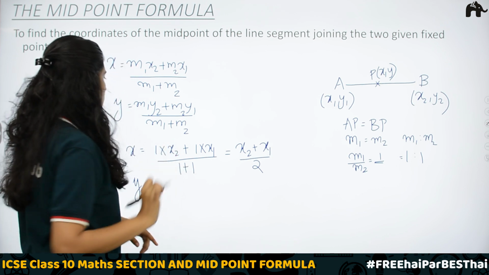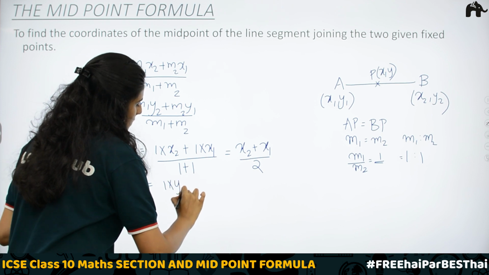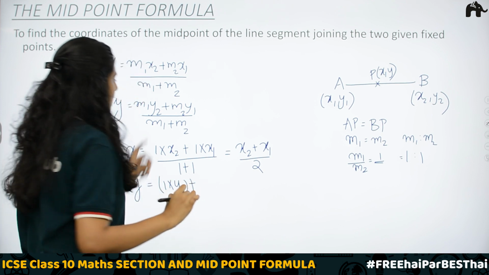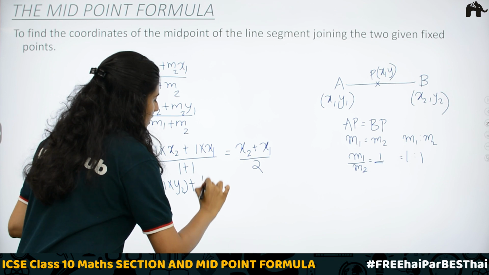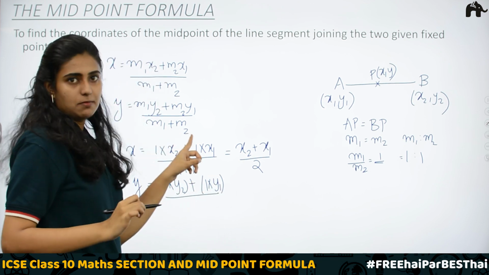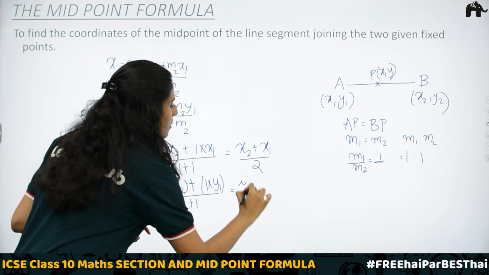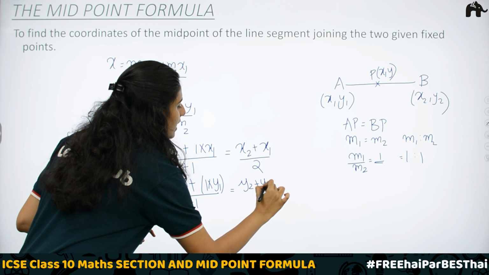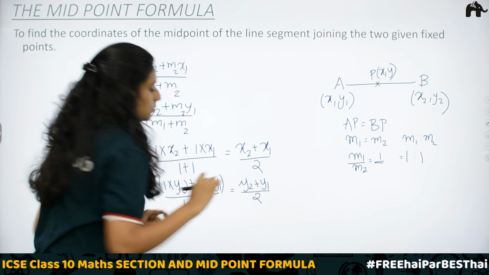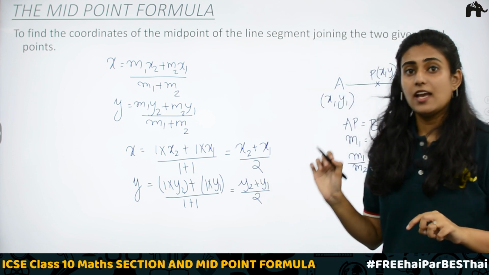What about y? y will be equal to m1 y2, 1 into y2 plus m2 y1, 1 into y1 divided by m1 plus m2, 1 plus 1, which is equal to y2 plus y1 divided by 2. So we got the coordinates of point P, x, y.